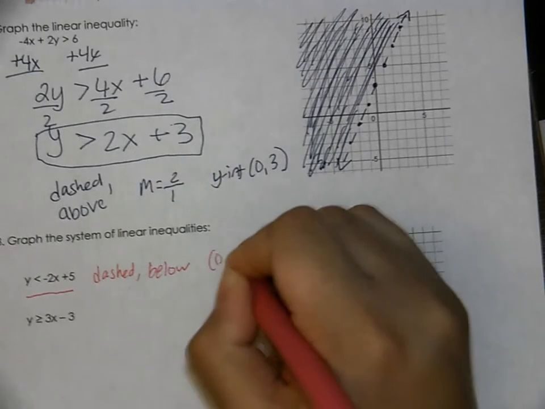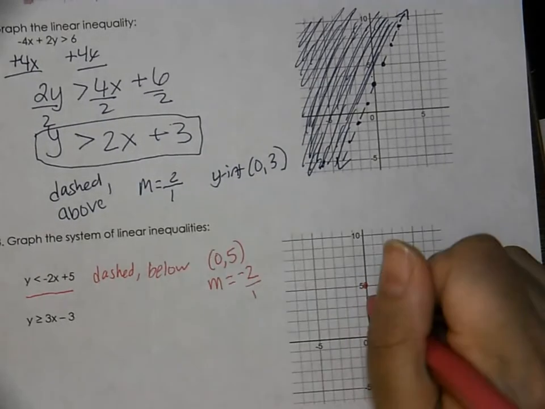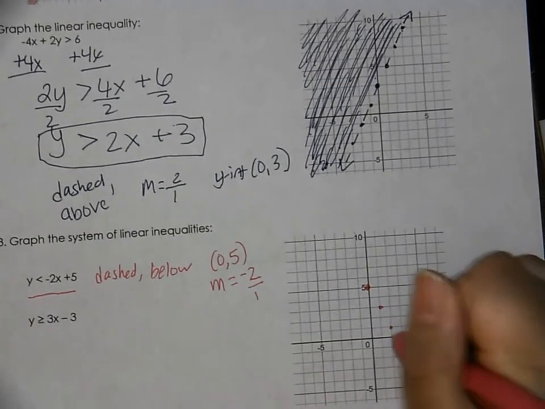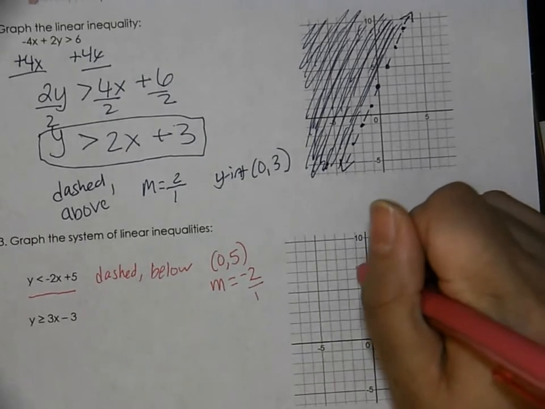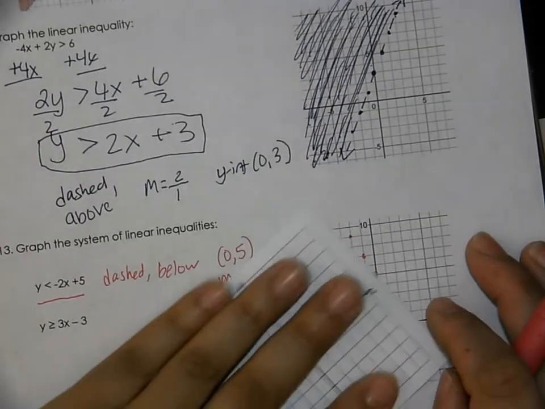So (0, 5), slope is -2 over 1. So I can go down 2 and right 1, down 2, right 1. Keep doing that for a few points until I get most of my line drawn, and then use a straight edge to draw out a dashed line.